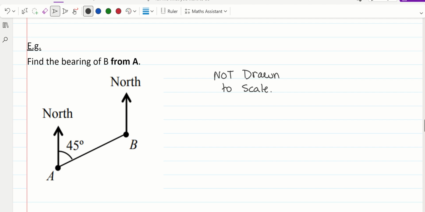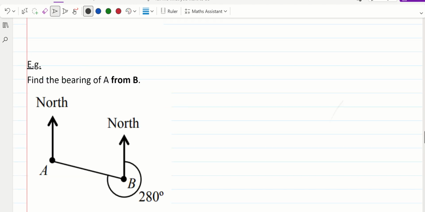So find the bearing of B from A. So from A, I have to draw a north line. It's drawn for you. And I move clockwise to get to B. Well, there it is. It's already done for you. So the bearing is 45 degrees. It's already given to you on the diagram.